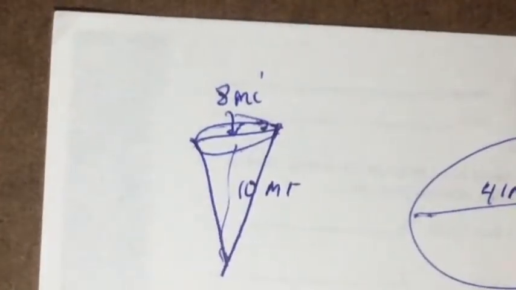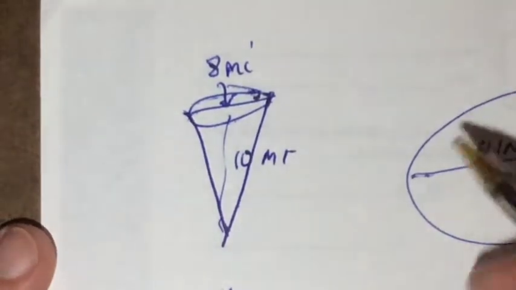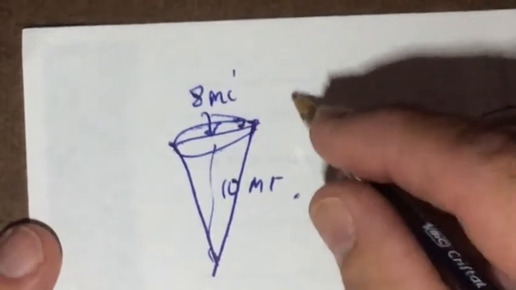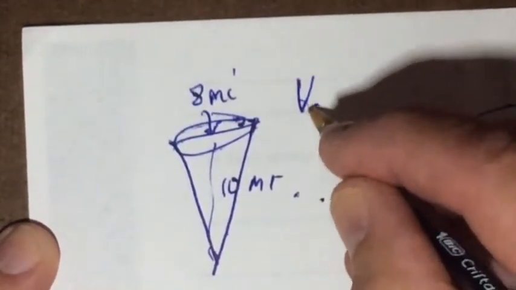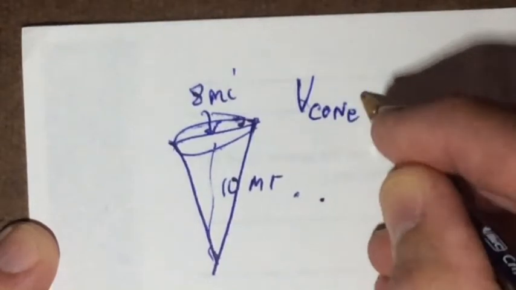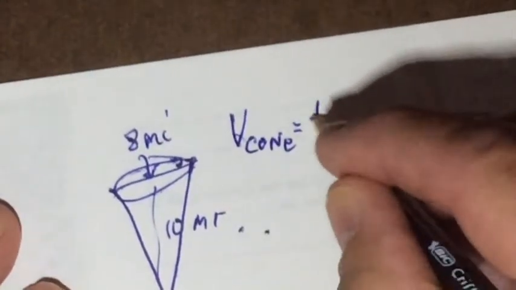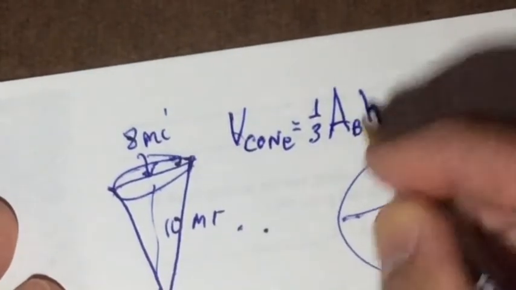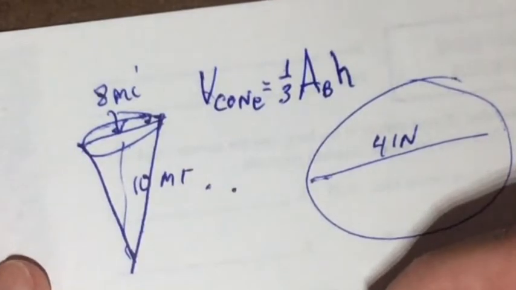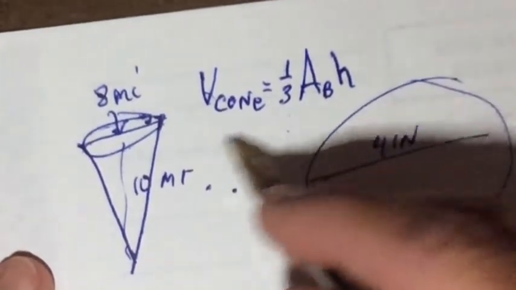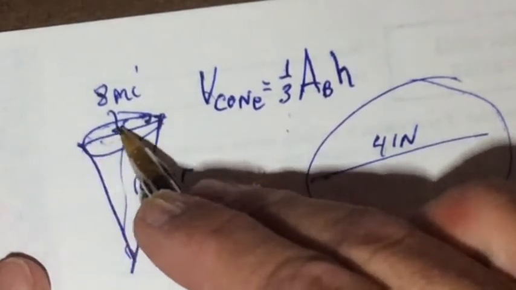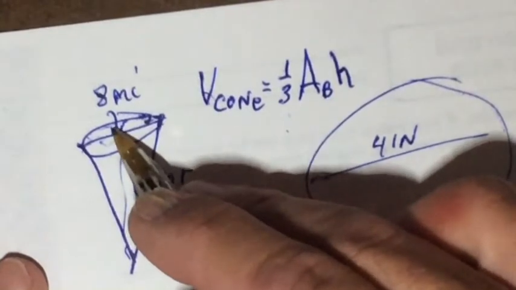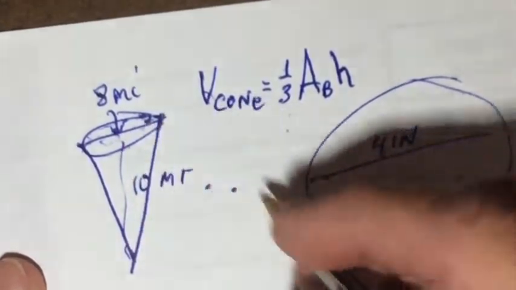Okay, this was the volume portion of the test. One of the questions was to get the volume of the cone. And the volume of the cone is equal to 1/3 the area of the base times the height of the 3D shape. So what have we got here? For the area of the base, you're given the diameter, but what you really need is the radius, and that's 4.